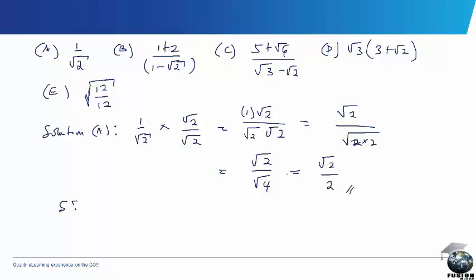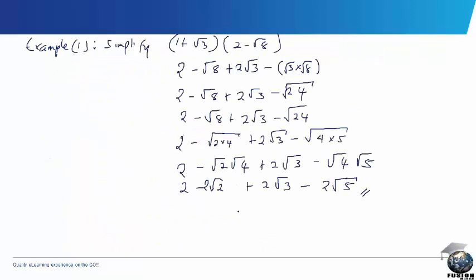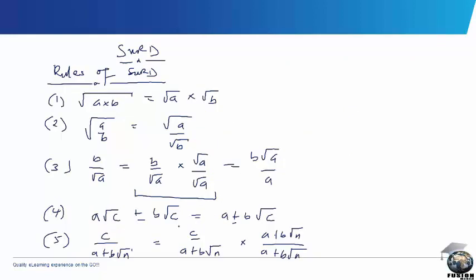And for solution b, you are given 1 plus 2 over 1 minus root 2. All you need to do is just like the rule states; look at rule number 5. Rule number 5 we'll be using for solution b.